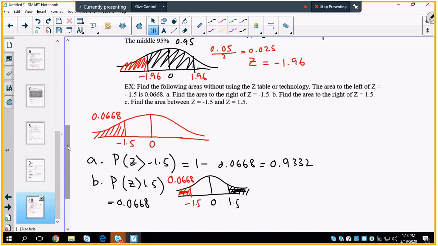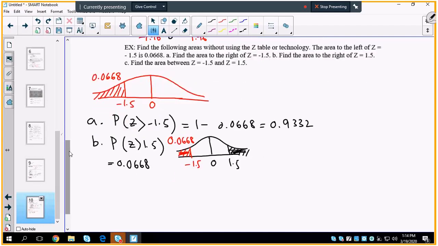The third one is between negative 1.5 and 1.5. So probability negative 1.5 less than z less than 1.5. Draw the picture. Mean is at 0, negative 1.5 and 1.5. I want in between.